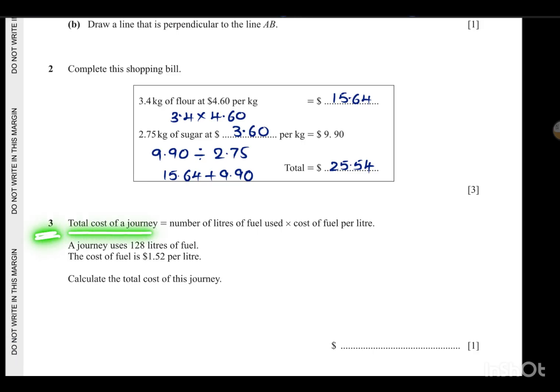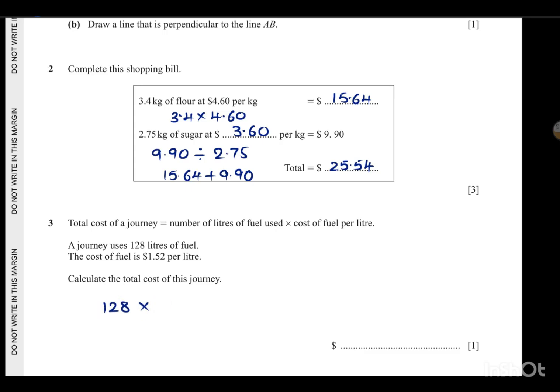Total cost of a journey is equal to number of liters of fuel used times cost of fuel per liter. A journey uses 128 liters of fuel. Cost of fuel is $1.52 per liter. Calculate the total cost of the journey. So here the quantity of fuel needed for the journey is 128 liters.